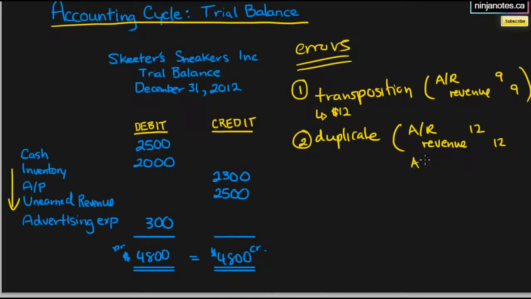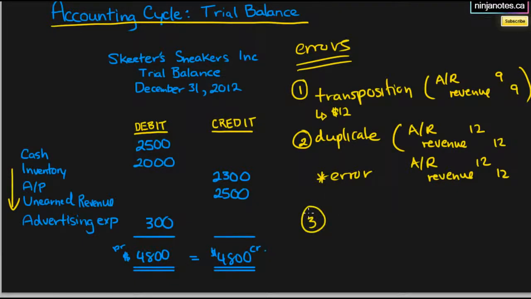But maybe we have repeated the entry and created it twice because we're not that accurate with our entries. So this would be another error, because we created a duplicate entry and it's going to overstate the debits and the credits even though they will balance.